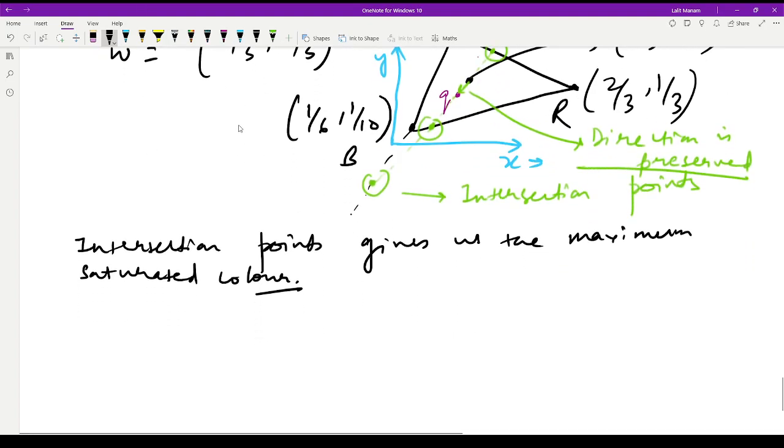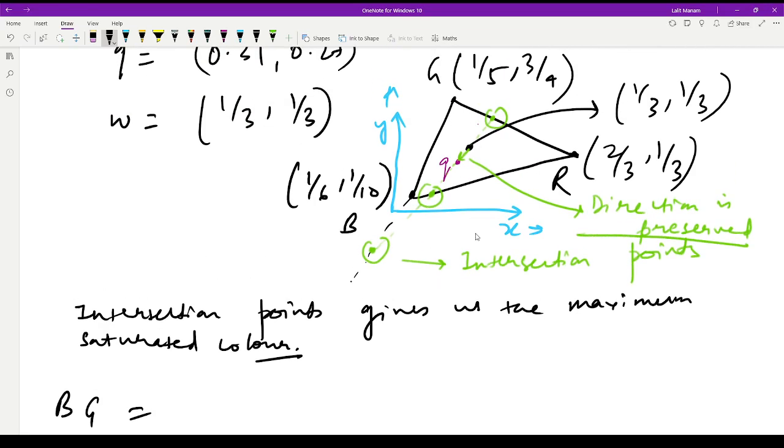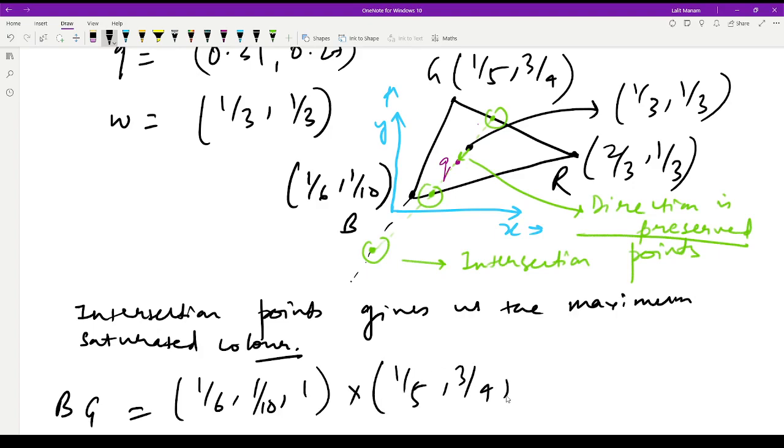We are trying to find the line BG first. Given two points, how will you find the line? 1 6 1, 10 1 cross product with 1 5 3, 4 1, right?